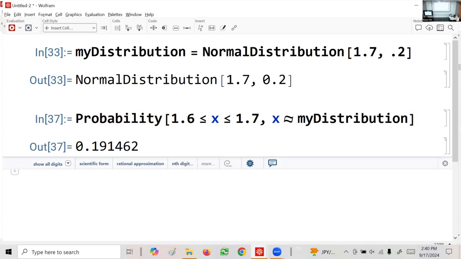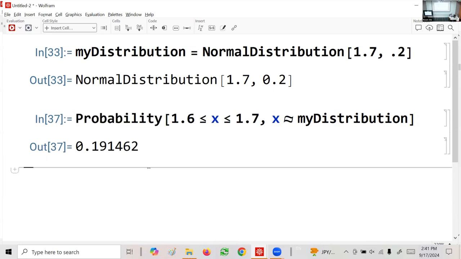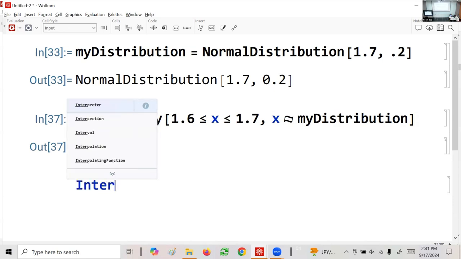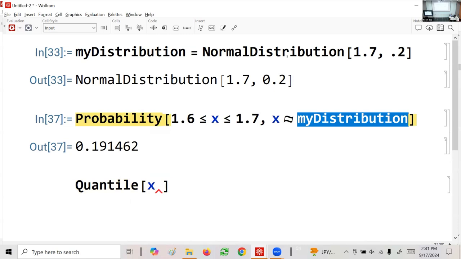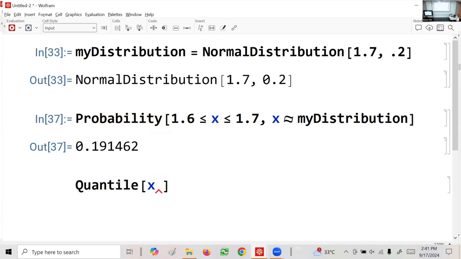And you can do anything like this. You can ask, for example, for the quantile of X. Basically, once you have this, it's like you've drawn the distribution, and you can ask any question. So you can ask the quantile of that distribution, the quantile function.